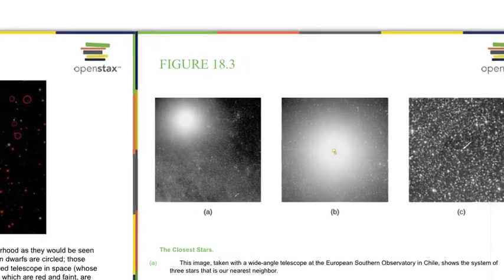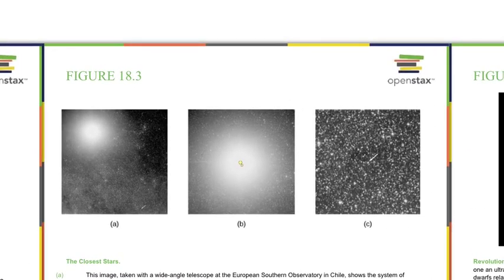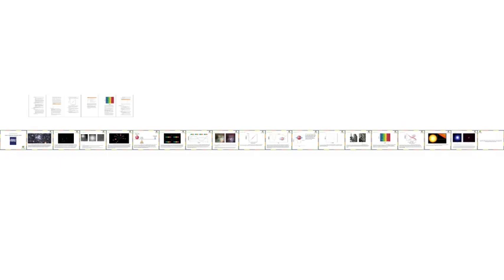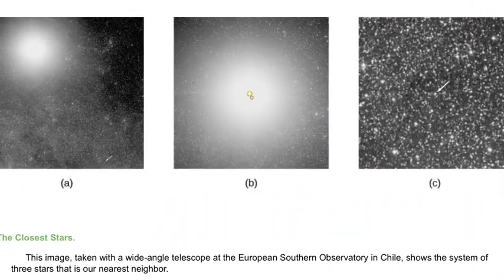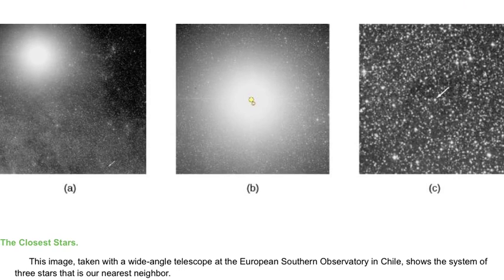So we looked at that one. These are some nearby stars. These are Alpha Centauri, sort of the nearest star cluster to us. And this little arrow down here is Proxima Centauri. You should be able to see a little arrow right here. That's Proxima Centauri. It's a dim star.